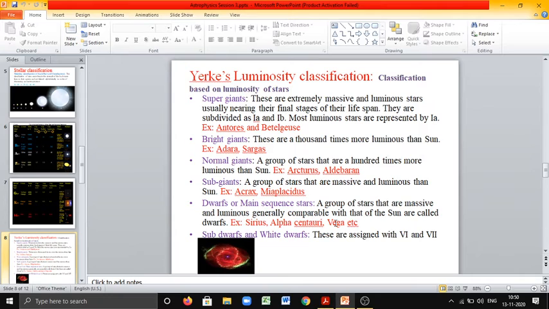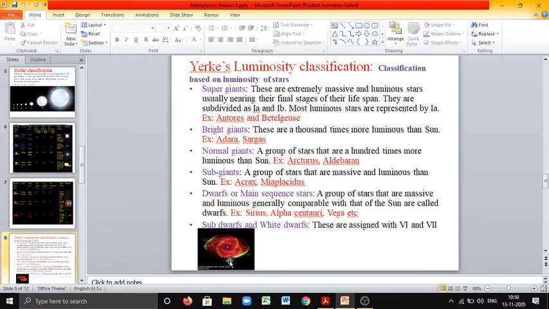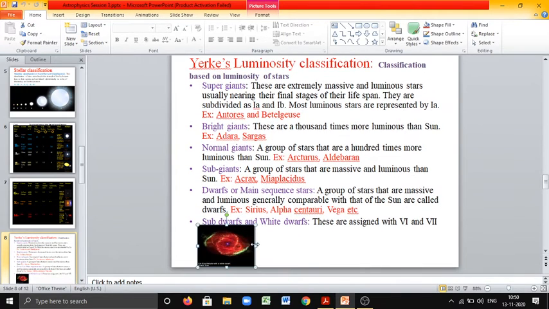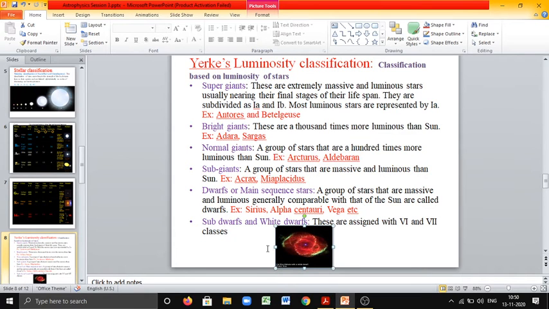These are the stars that are massive and luminous, generally comparable with that of the Sun, and are called dwarfs. Example Sirius, Alpha Centauri, etc. White dwarfs and subdwarfs, these are assigned with 6 and 7 classes.